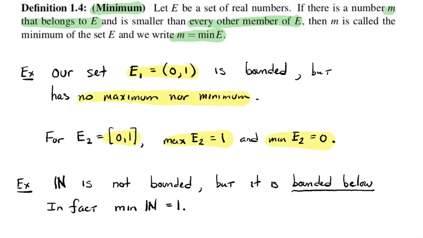As a different example, if we look at the set of natural numbers, the set of natural numbers is not bounded. There is no number that's greater than or equal to all the natural numbers, so it's not a bounded set. It is so-called bounded below, which means it has a lower bound but no upper bound.